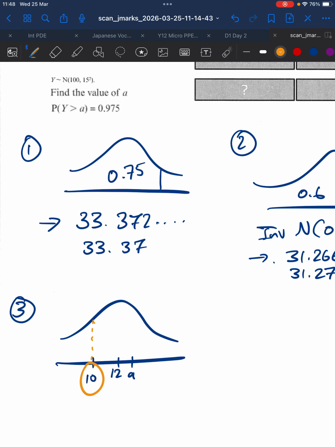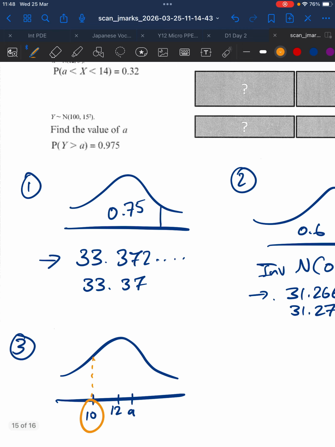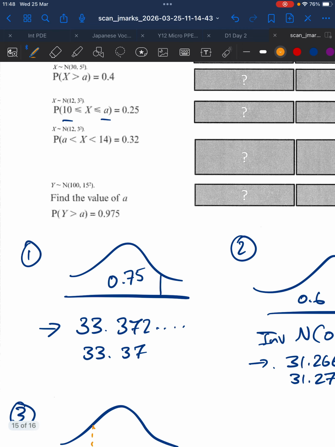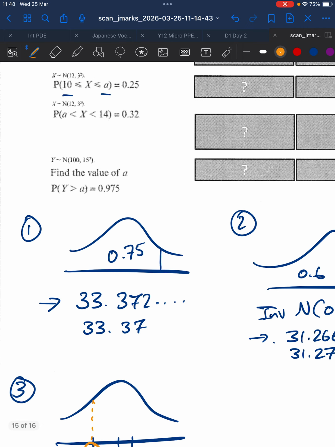It's been done in a slightly unusual way on my notes, so I'm going to just quickly work that one out. So inverse normal, the area is, sorry, it's not inverse normal, is it? It's just regular normal. So that's my upper bound. My lower bound might be a number, say like, I'm just going to put minus 1,000. So lower is minus 1,000, upper is 10, standard deviation is 3, mu is 12.